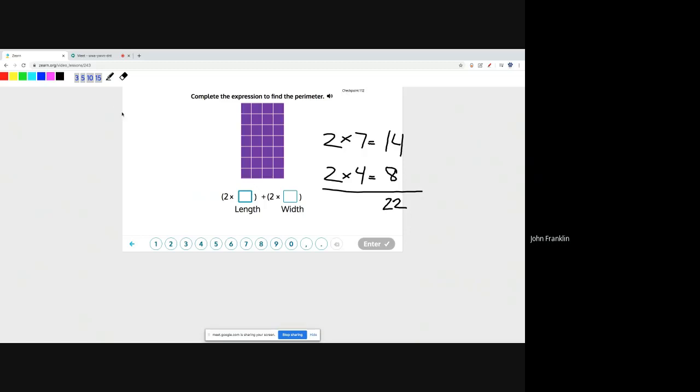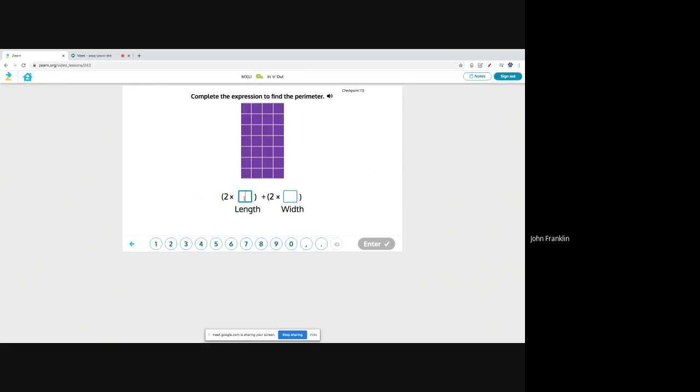So that still kind of holds up. So let's answer the way they're asking us to answer. See where we stand. Okay. The length we said is 7. The width is 4. Great job.